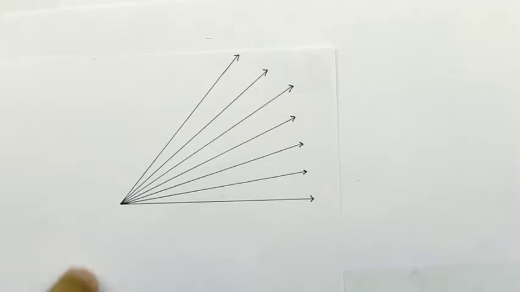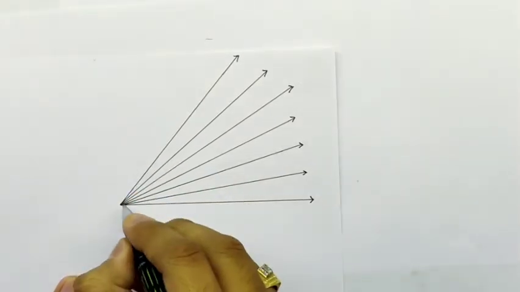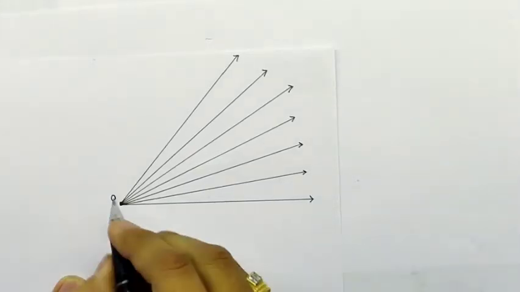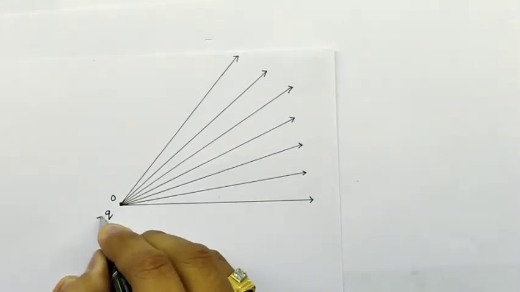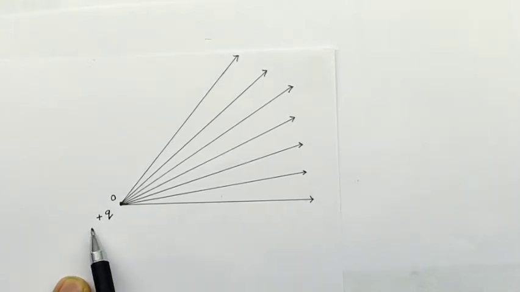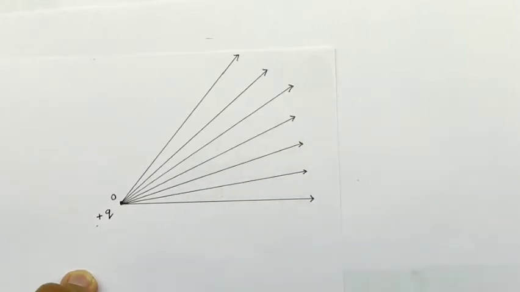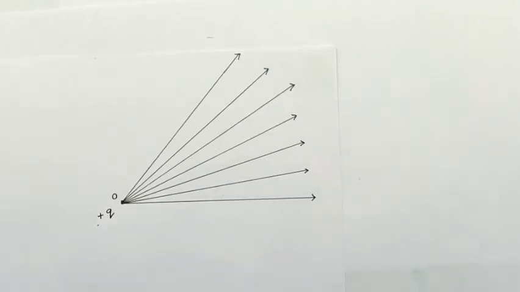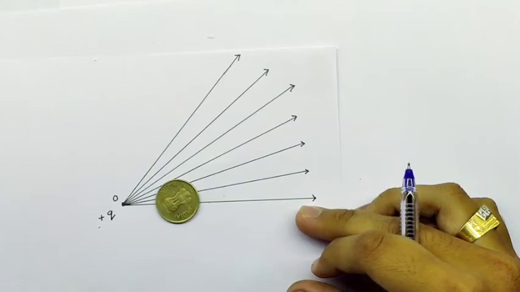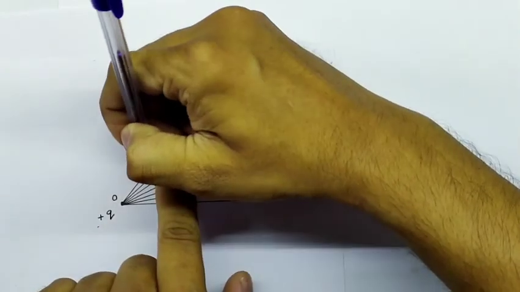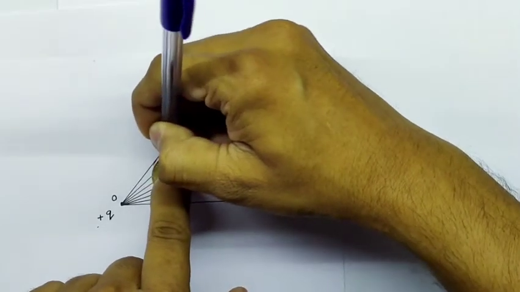Let's consider a positive charge Q placed somewhere, named O. The charge is positive, so electric field lines are outward and radial. Let's take a fixed surface and draw it in this figure.